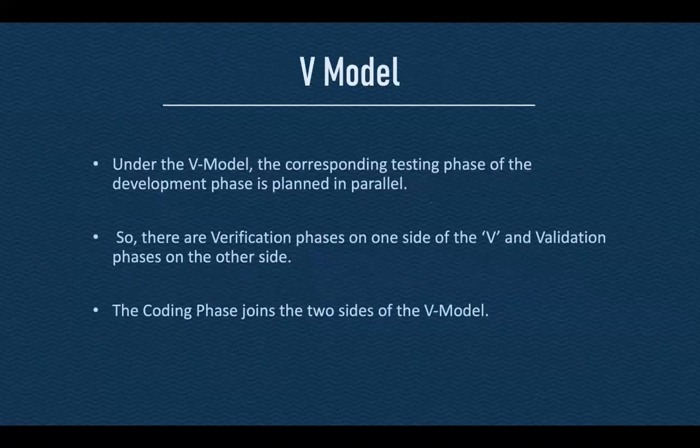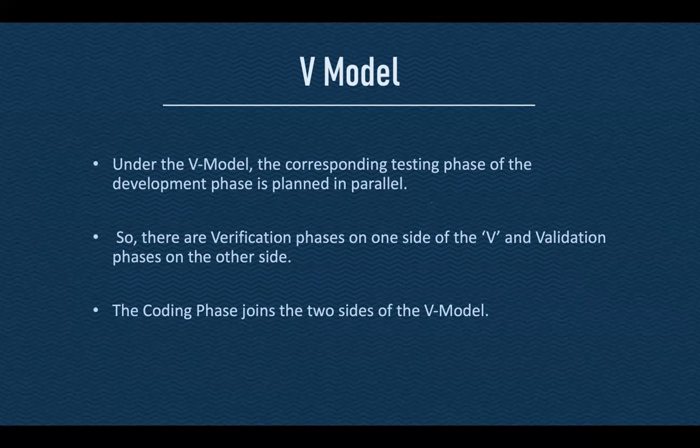Hi, my name is Banu. Before going to the V model, let's talk about the system development lifecycle, SDLC, which is a process used by the software industry to design, develop, and test high-quality software. It aims to produce high-quality software which meets and exceeds customer expectations.